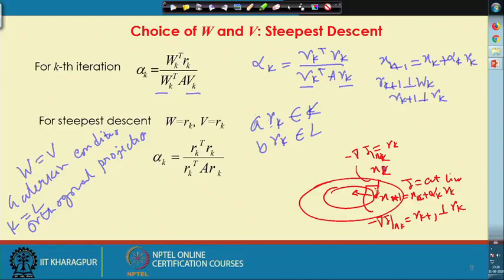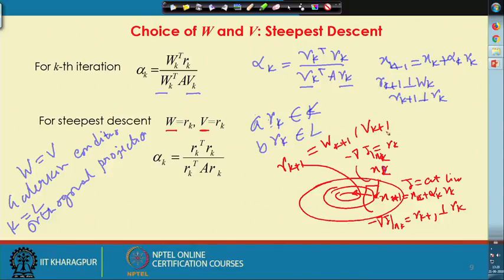Another point while we reach this is that if I look into W and V, they are not constant irrespective of the iterations. With each iteration W and V are changing, r k is changing. So, for the new iteration r k plus 1 will be the W k plus 1 or V k plus 1.